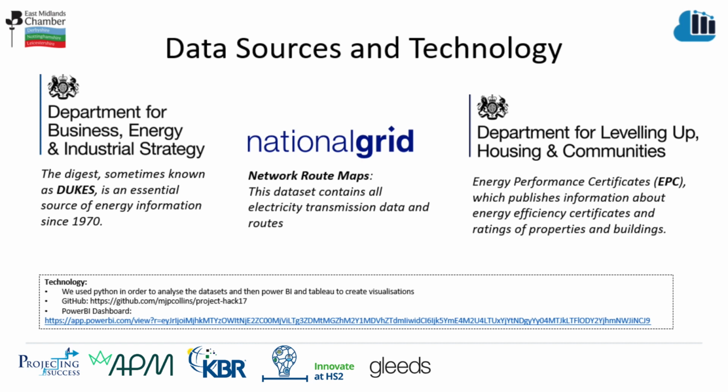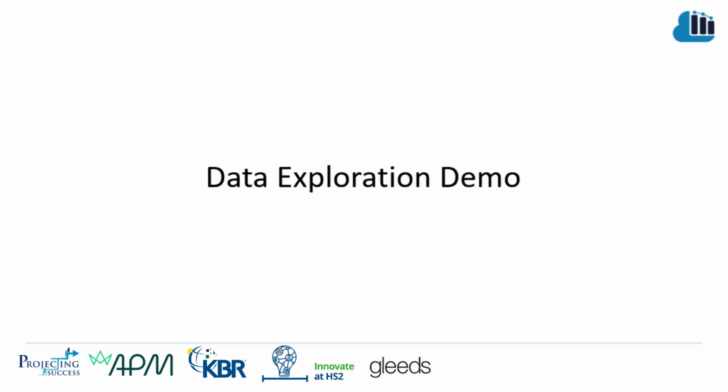And in terms of analysis, we used Python to analyze the data sets, and then Power BI and Tableau to create visualizations. You can find our repository on GitHub, as well as the links to the Power BI, which are in the presentation. I'll now hand over to Ben to give a demo on Power BI.